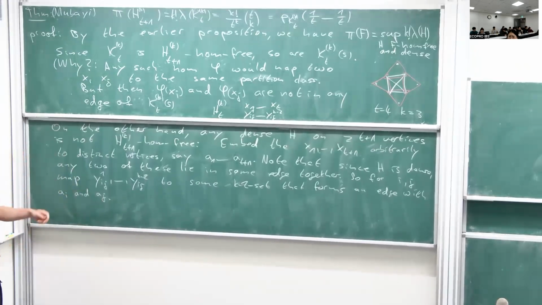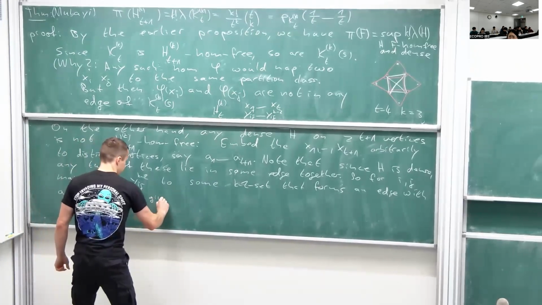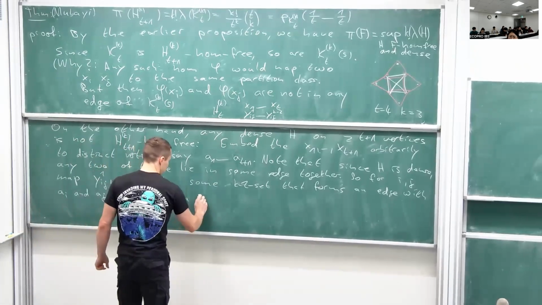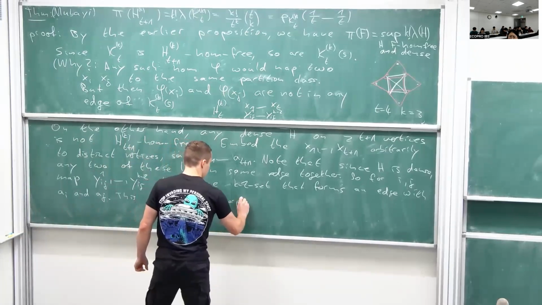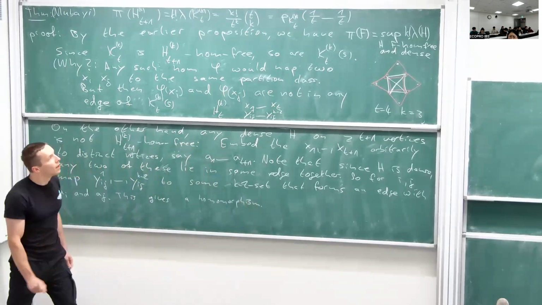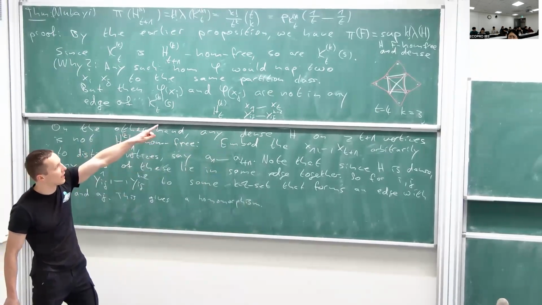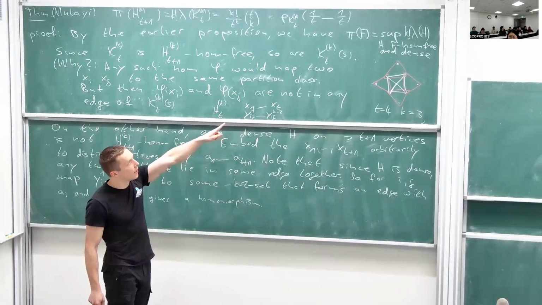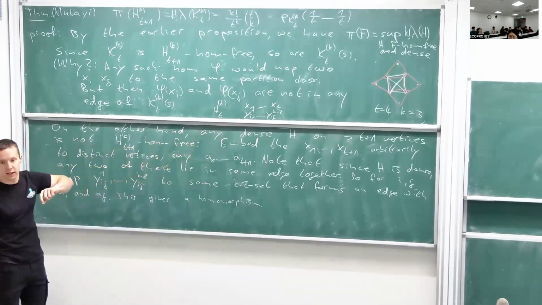And then this gives the homomorphism. So that means that in this supremum above, we can actually just restrict ourselves to H which have at most T vertices.